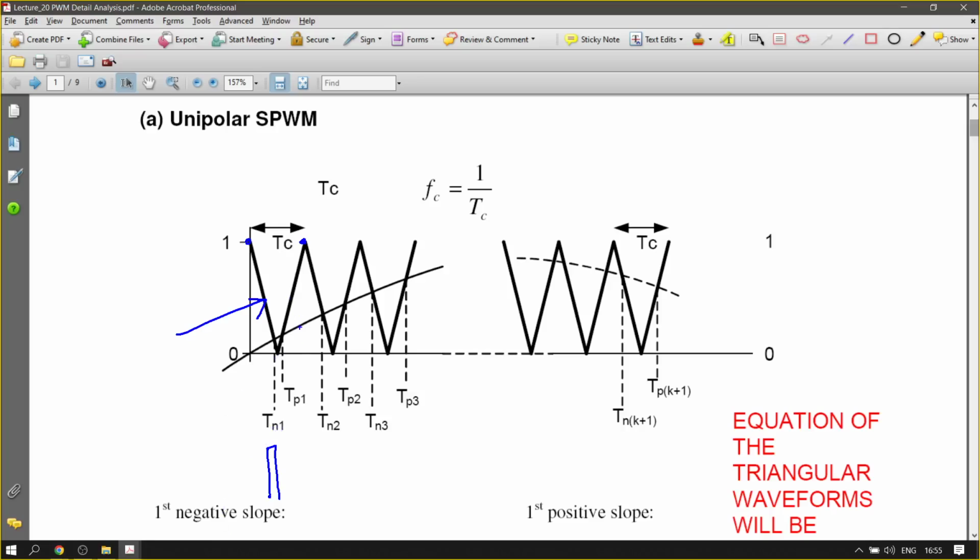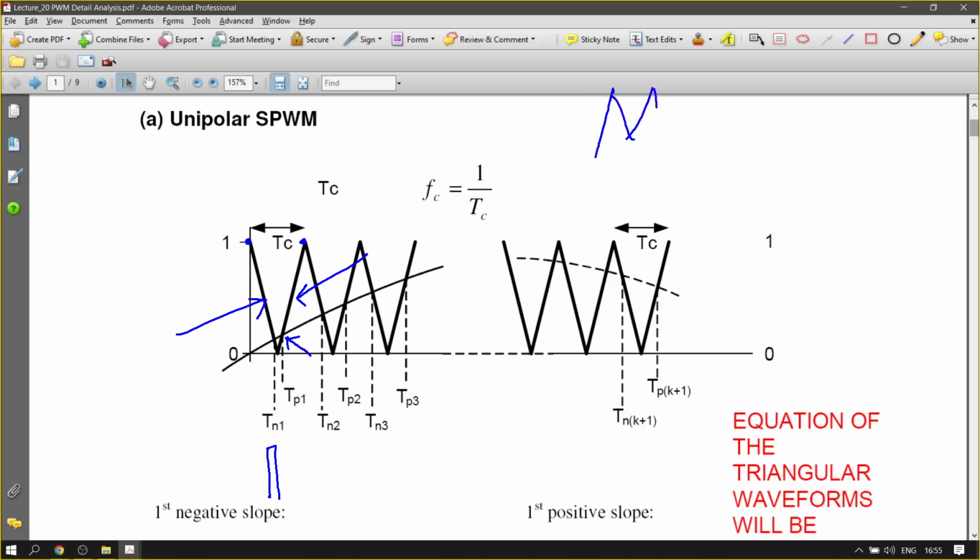Okay, and the next point, which is that one, happens at the positive slope. This is at the positive slope. So that's why you have this Tp1. This is very important. You have to define carefully the N1 and P1. That will be different if you have an M shape, isn't it?